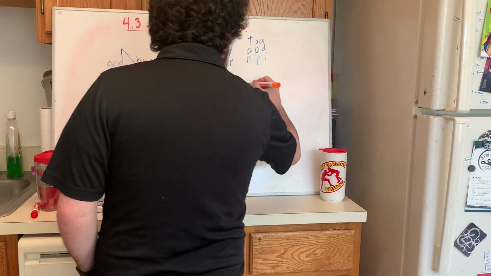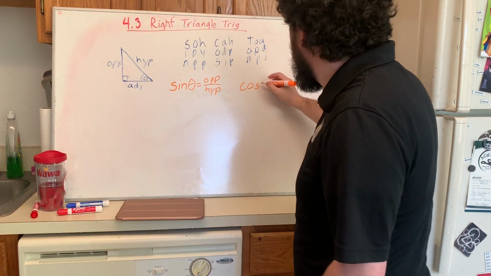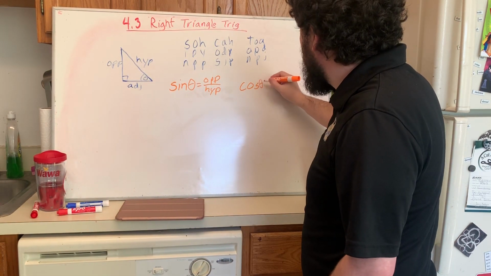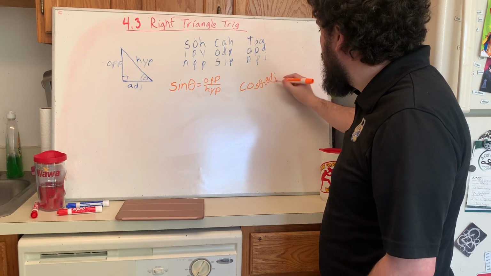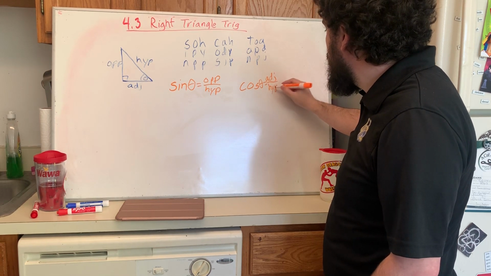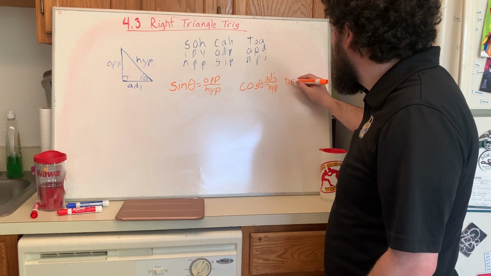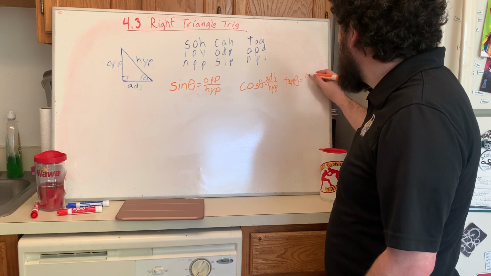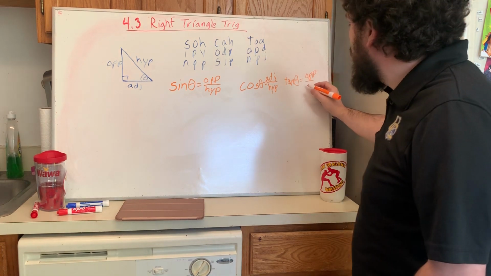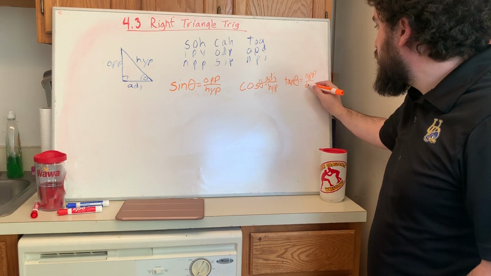I know that cosine of that same angle is adjacent over hypotenuse, and the tangent will be equal to opposite over adjacent.